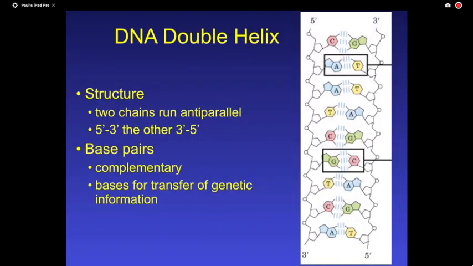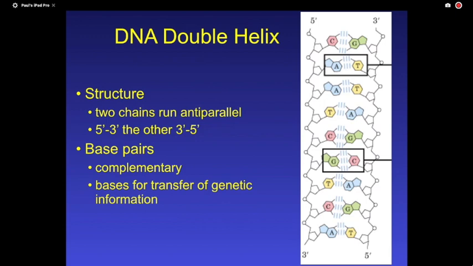One interesting fact about the DNA is that it is anti-parallel. See at the top, one chain starts with 5', the other one starts with 3', and this orientation allows the correct hydrogen bonding between the A's and the T's, and the G's and the C's. All right.